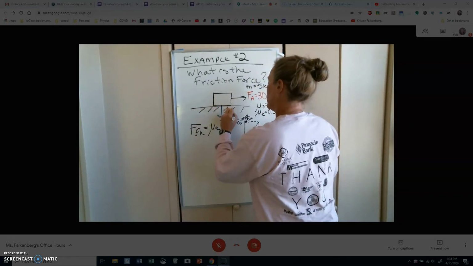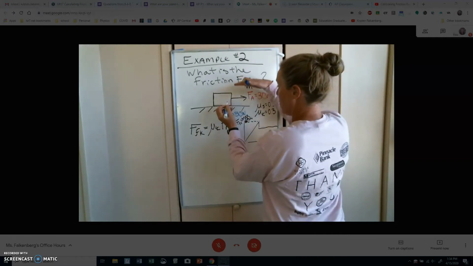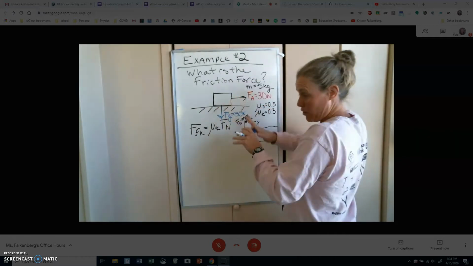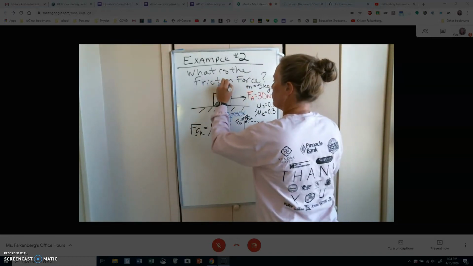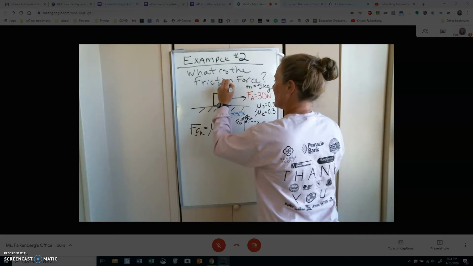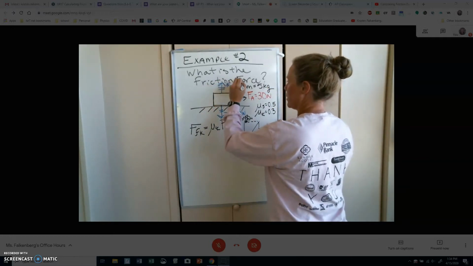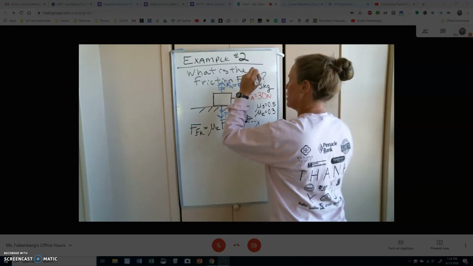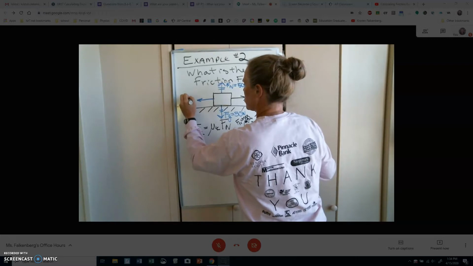Force of gravity equals 50 newtons. There is no upward influence or downward influence. You could push down on this box too. It's horizontal, so force normal is going to equal force of gravity, and that is going to be 50 newtons also. So now what is our force of friction?